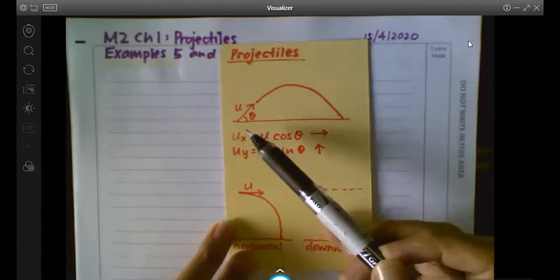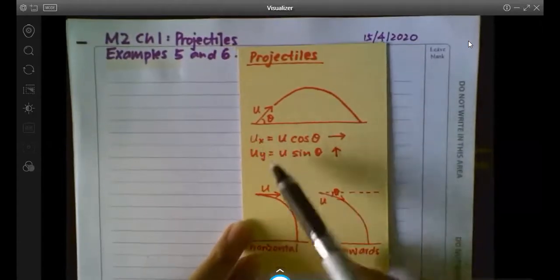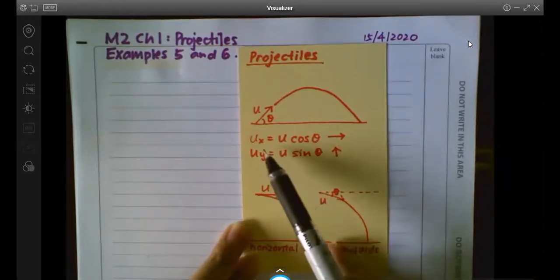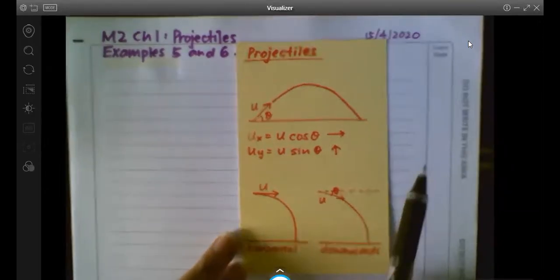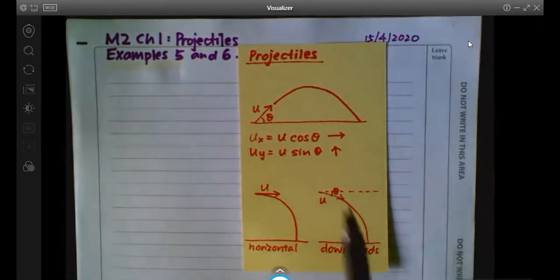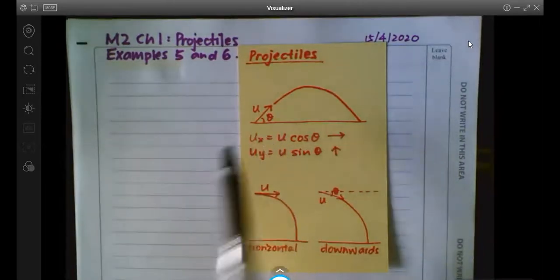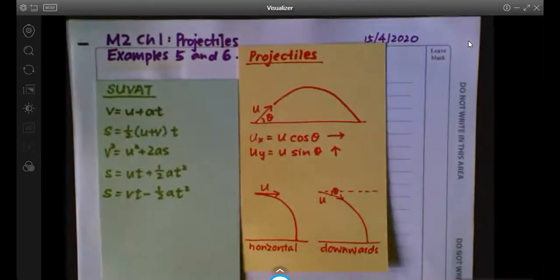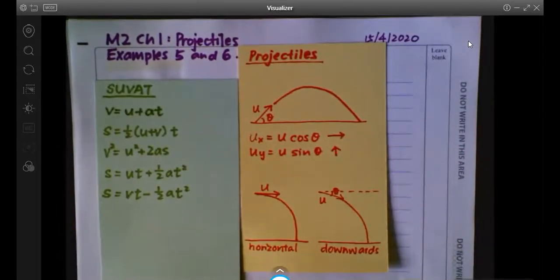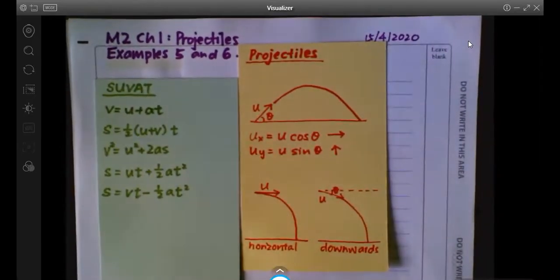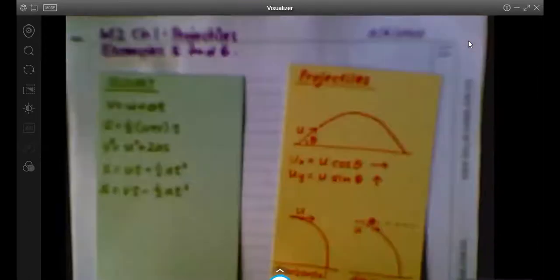We are also familiar with resolving into the X and Y directions. We should also think about the different directions the projection can vary, for example horizontal, downwards, or the most basic, upwards. We're also reminded we should use the SUVAT formulas from M1, but in separate components to solve questions in projectiles. Let us go to Example 5.